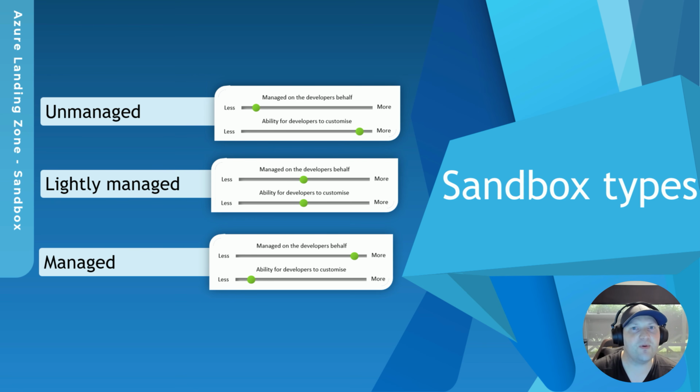So keep in mind when you're looking at the different types of sandboxes how much administration is involved, what the requirements are, and what outcome you really want. For me personally, a lot of the clients that I talk to about this sit in unmanaged and lightly managed, because they want the flexibility.